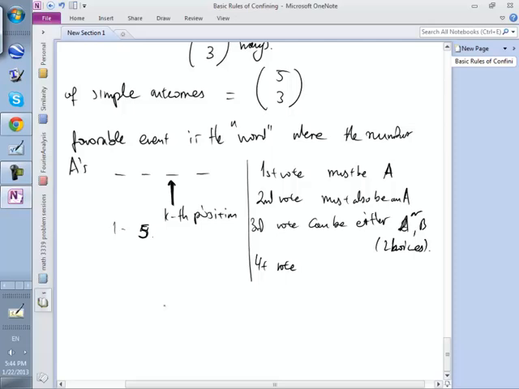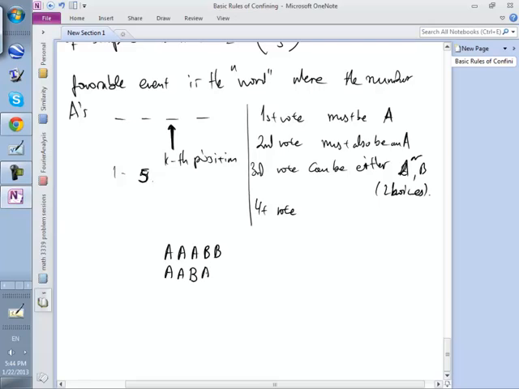So the favorable results will be A, A, A, B, B, and A, A, B, A, B, where the fifth vote is a B.